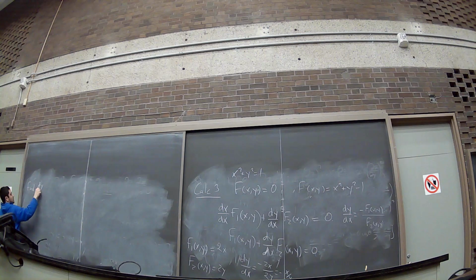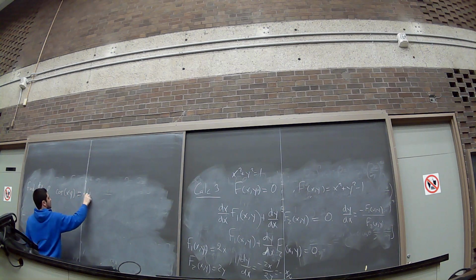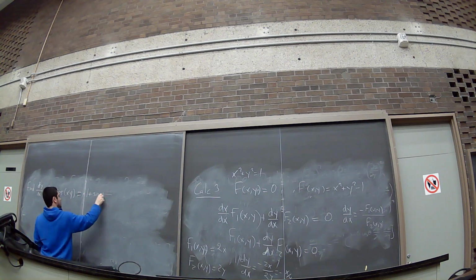Anyway, let's pick another example. Find dy by dx if cos xy is 1 plus sine y. Let's pick a nice example. Okay, great.